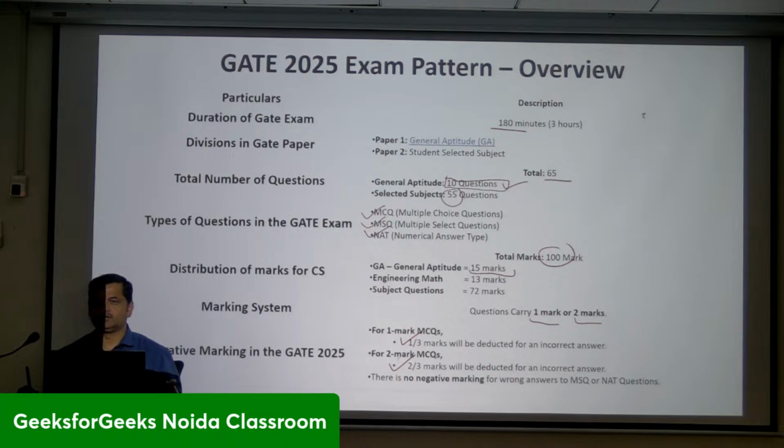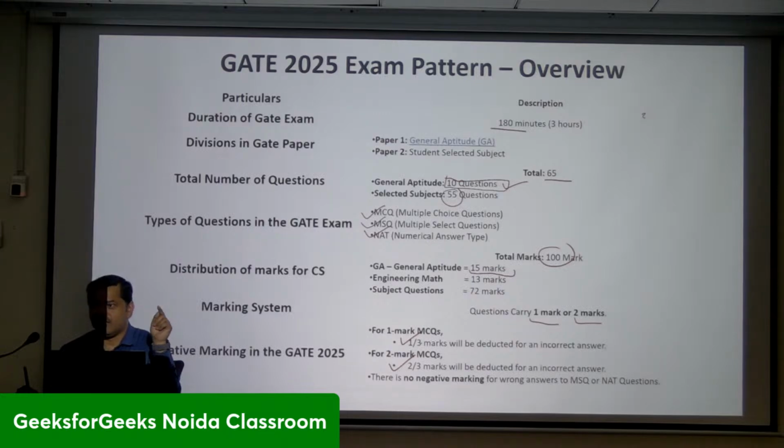So you must mark the answer of any particular question only whenever you are 100% sure. If you are dicey, in that case you can leave the question, because it is not only a wrong answer you are putting. One question attempted is wrong, and whatever you have done correct is also going to be reduced.